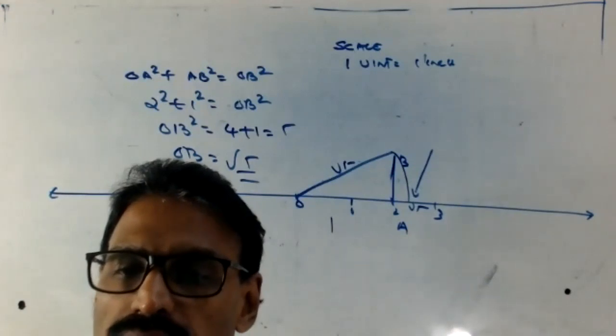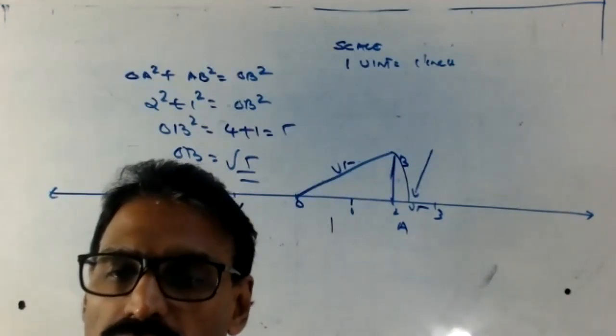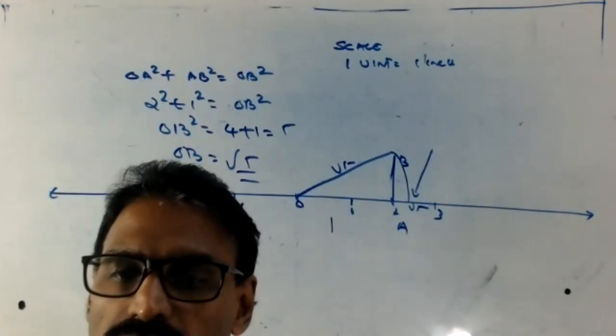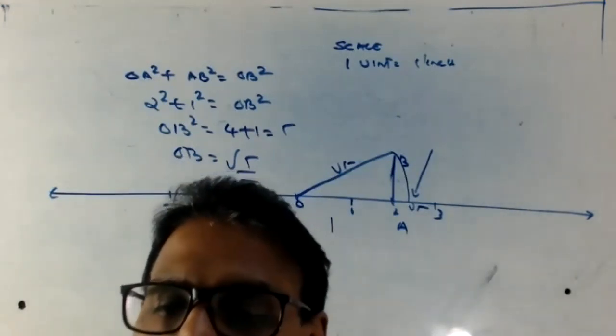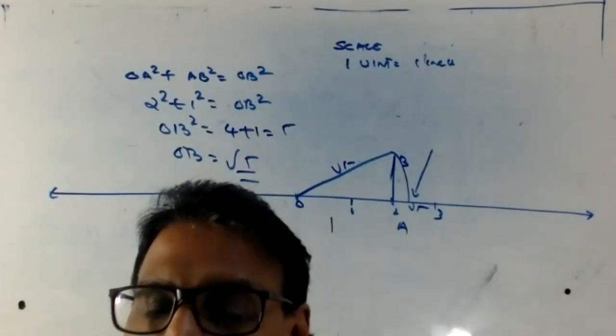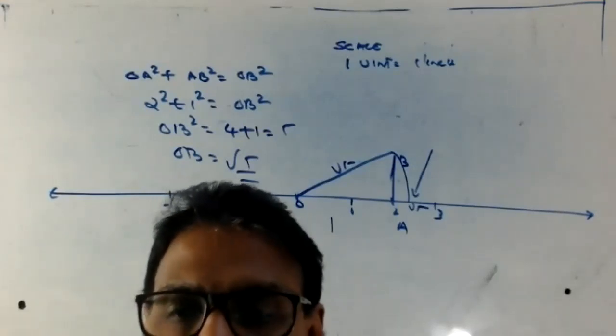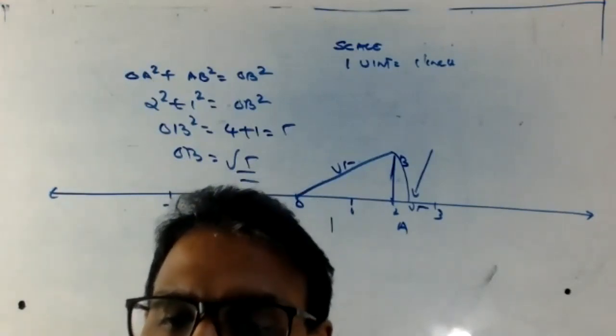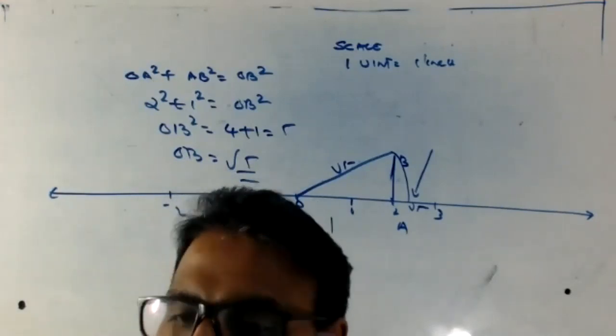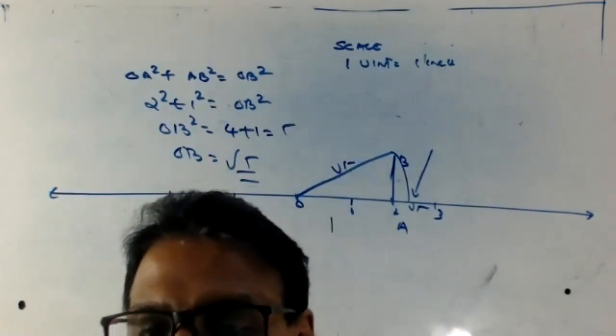Understand the part where you draw the line for 1 unit? That we discussed last class, no? Okay, anyway, listen now. I'm going to say that all. Forget about that now. I'm talking about root 5 now.